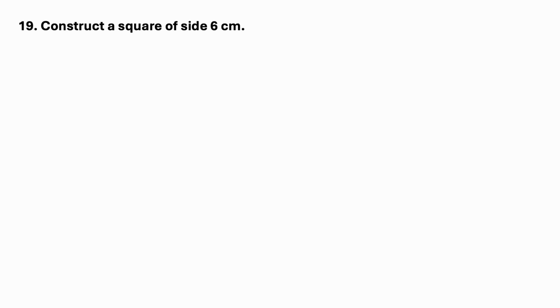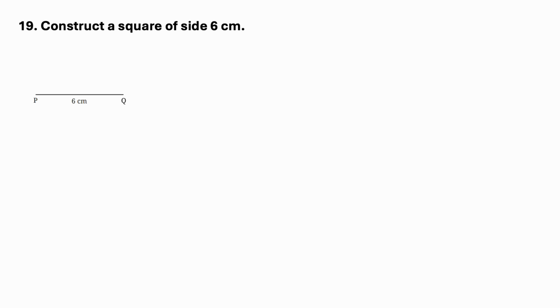Next we have a construction problem. Construct a square of side 6 cm. For this, first you have to draw a line segment of side 6 cm. Suppose this is PQ. For a square, all sides are equal. In this case, all sides are 6 cm.